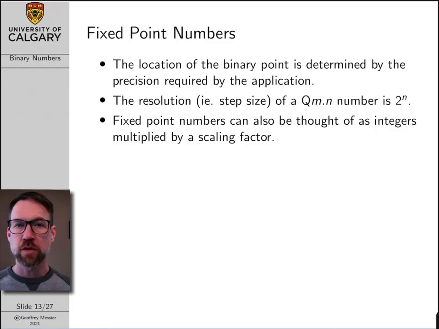As I mentioned earlier, the location of the binary point, or basically how many bits we allocate to the fraction, determines the precision of our number.